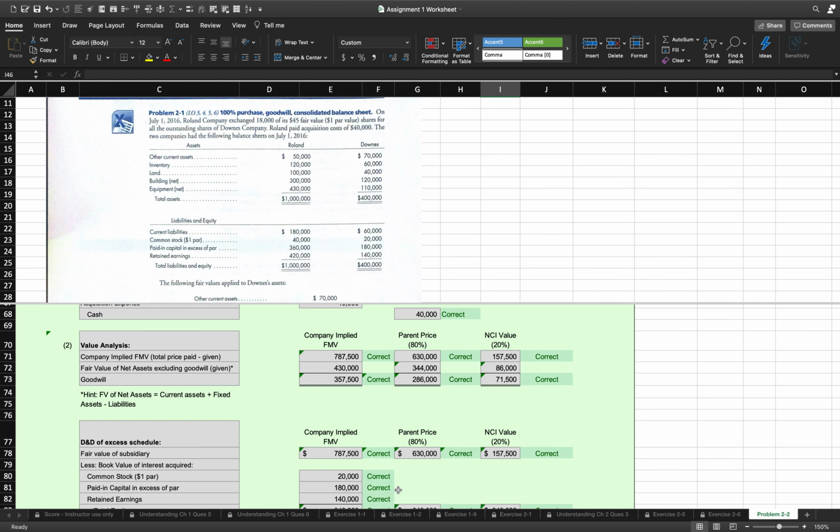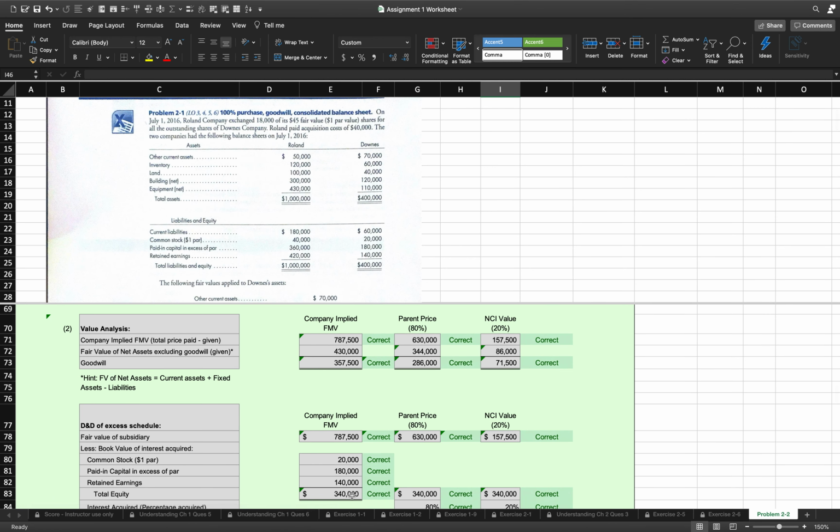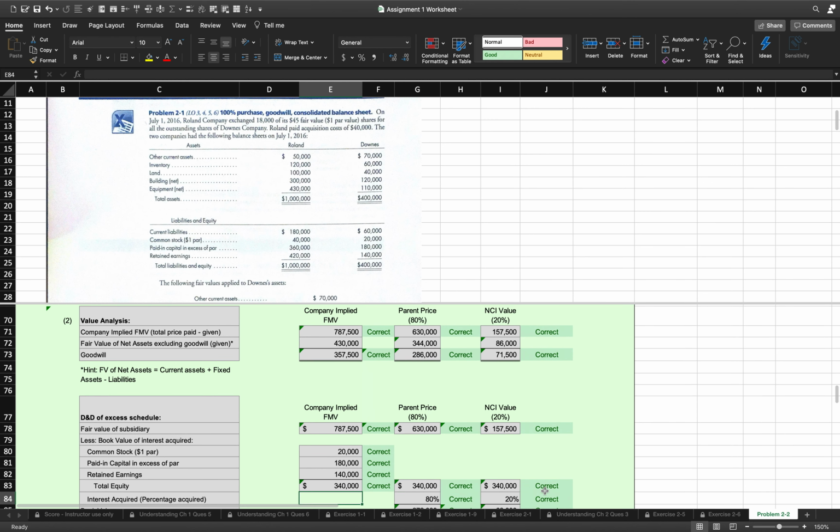We add up those amounts. So the overall book value, the total book value of the equity, which is the common stock, the paid in capital plus the retained earnings, is 340,000. I want you to go ahead and copy that across the board here. And you'll see why in just a second, because in the next line we're going to talk about the interest that was acquired out of the 340,000.